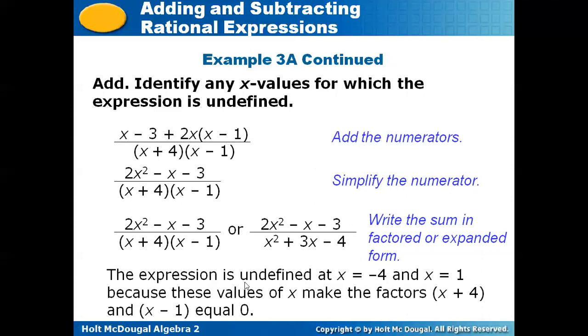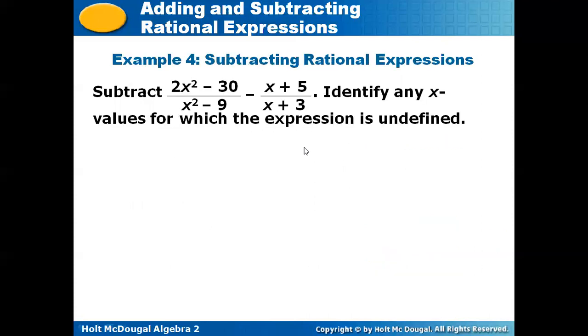So the expression is undefined at x equals negative 4 and positive 1, because these values of x make the factors x plus 4 and x minus 1 equal to 0.